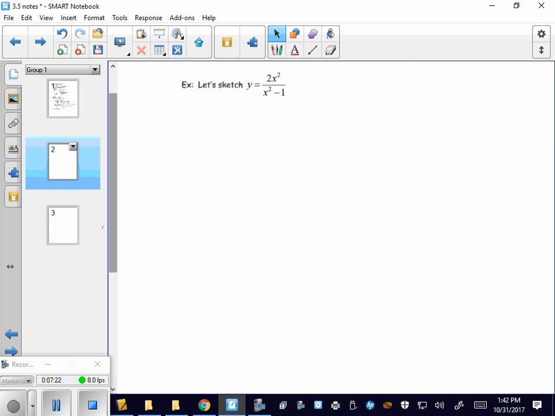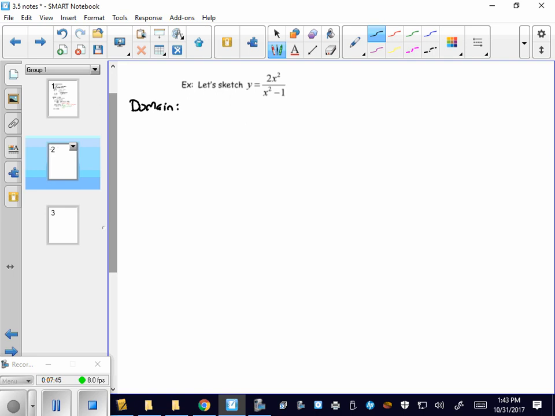All right, so let's start off with some of the basic stuff that we need. We need the domain. We need to know what we're allowed to use and what we're not. Well, looking at that, it is a rational function. The denominator can possibly be made 0, so we have to consider that. So the domain of this thing is going to be all real numbers except what makes the denominator 0.